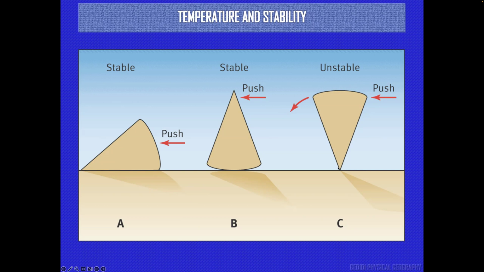Whereas if you put it on its point and you push in either direction, it's going to fall. Unstable. Well, from a weather perspective, this would mean weather, thunderstorms, rainfall, snow. And from a stable point of view, it means not much change. So think of stability as no change and instability as change in the weather from that perspective.